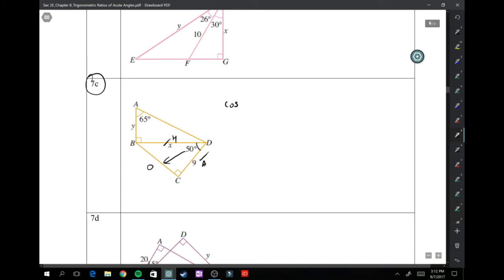So I have the adjacent and the hypotenuse. Please note that it is CAH, which is cosine. Cosine theta equals adjacent over hypotenuse. Then we have cosine 50 degrees equals the adjacent, which is 9, over the hypotenuse. So x equals 9 over cosine 50 degrees. Use your cross multiplication for this.